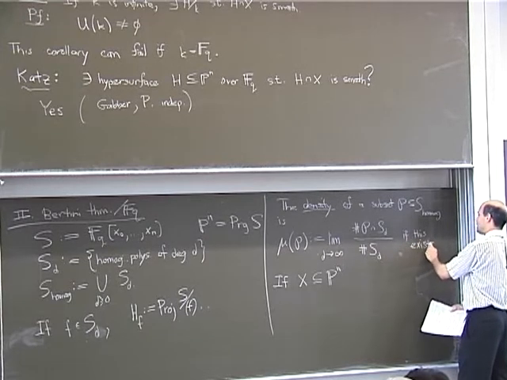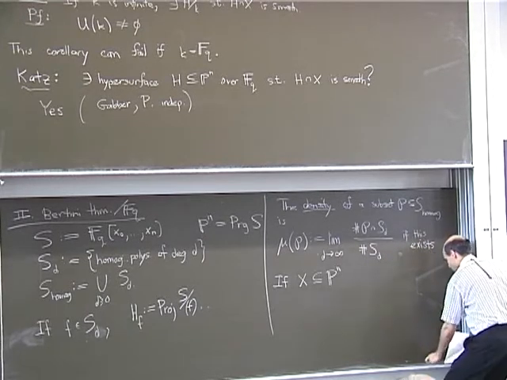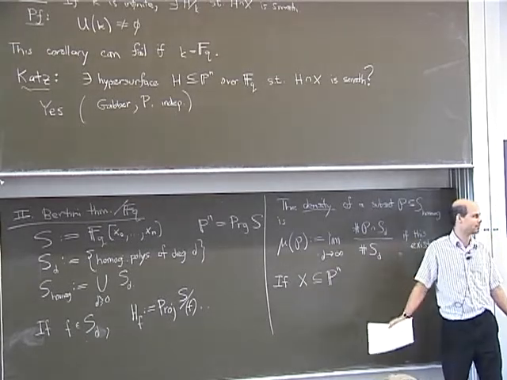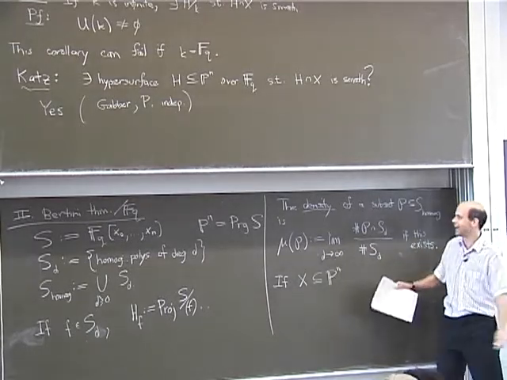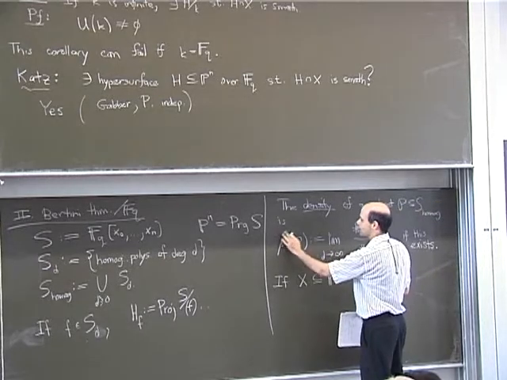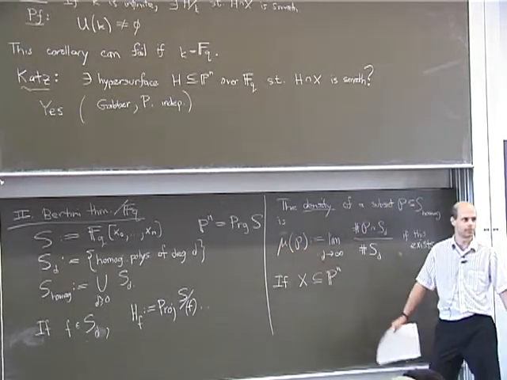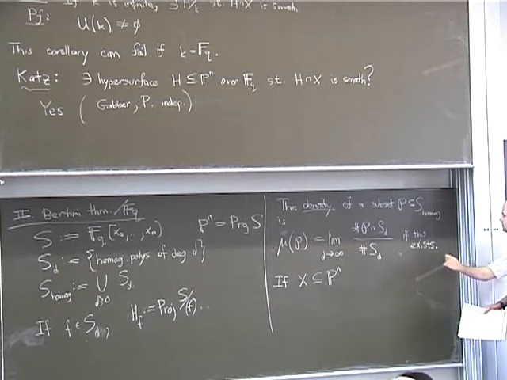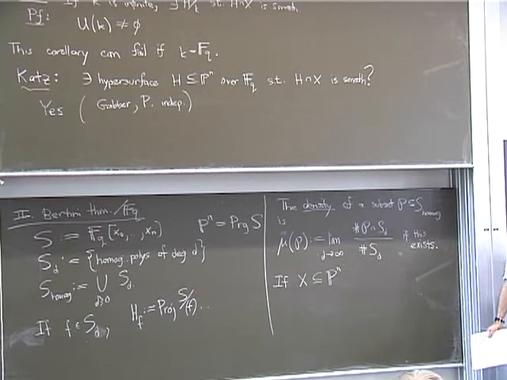You could also define the same thing if I replace the lim by a lim sup or a lim inf, then it would exist. And then I'll put an upper bar or a lower bar to denote the upper density and lower density. Part of the theorem I'm going to state is that for the set I'm talking about, the density does exist.